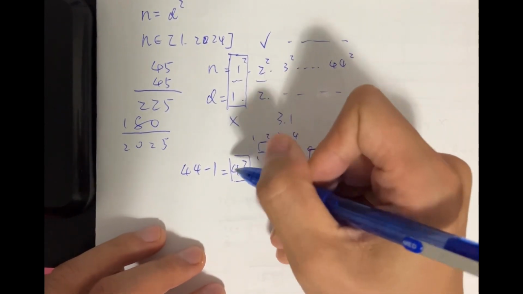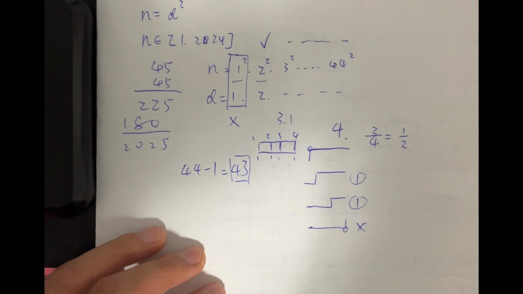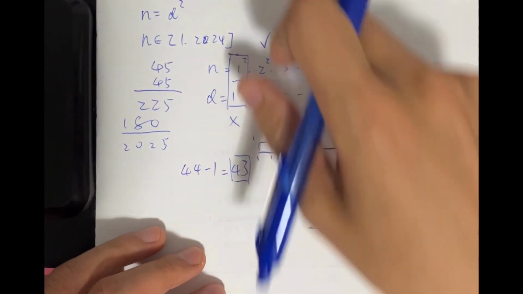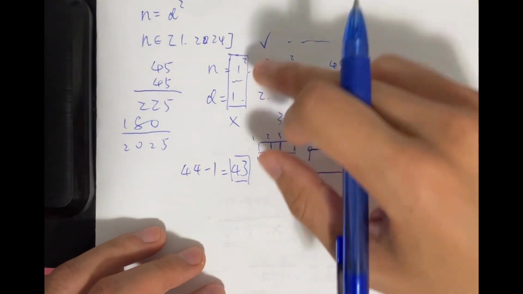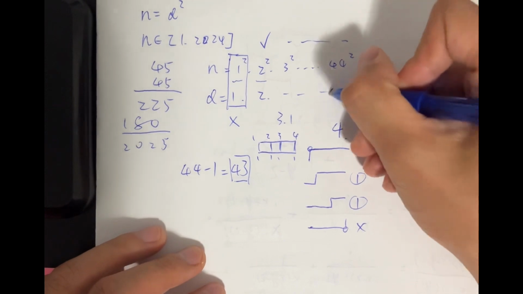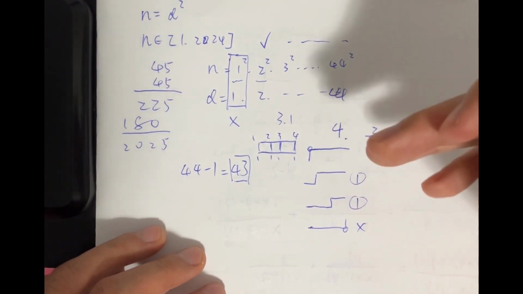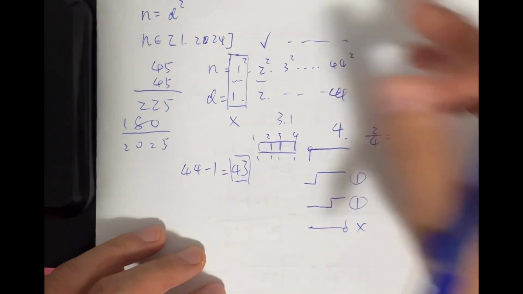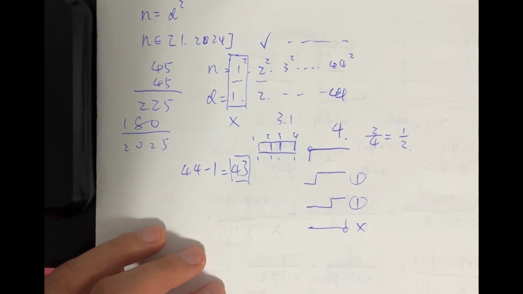We've got 43 different pairs of d and n, in the order of d and n: 2 and 2 squared, 3 and 3 squared, all the way to 44 and 44 squared, within the range of 1 to 2024 in terms of n. So anyway, 43 is the answer to this problem.